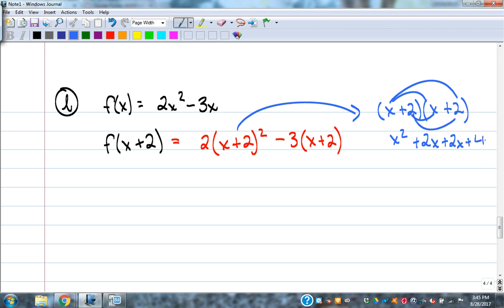And then simplify that. I'm going to put it right here. X squared plus 4x plus 4. And then we can go ahead and do the distributive property on the next part just to save an extra step here. Negative 3x minus 6. We already know that, but that's what's happening there.